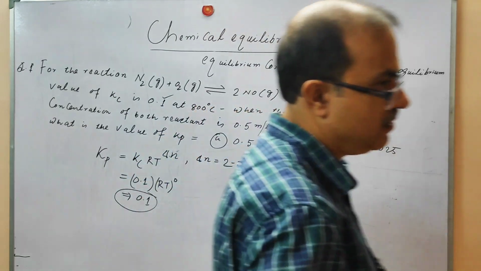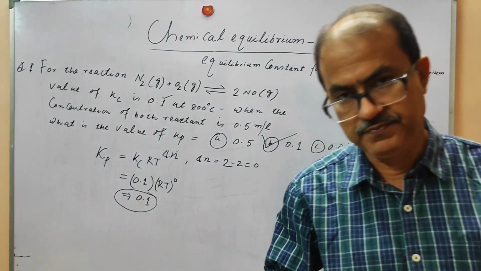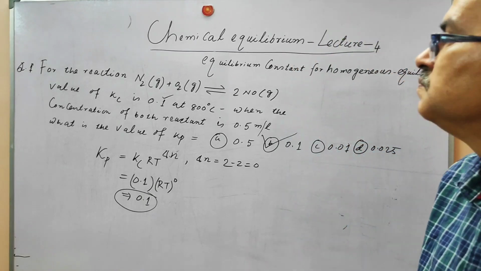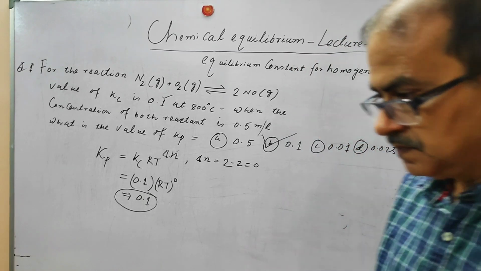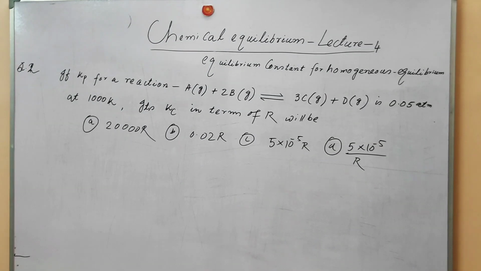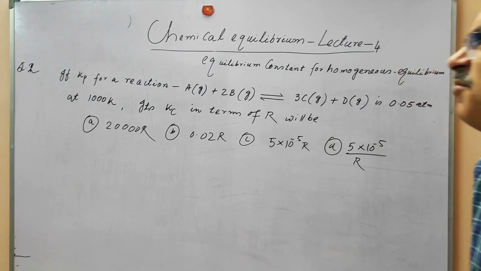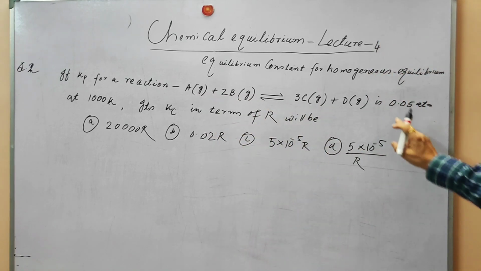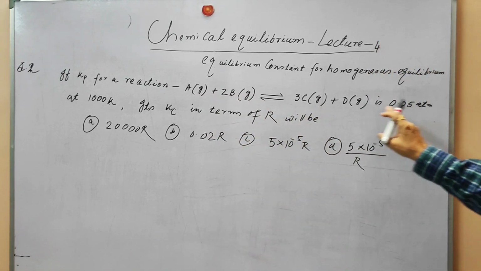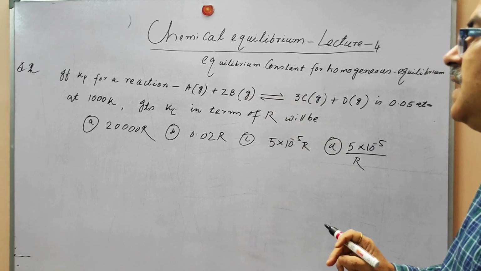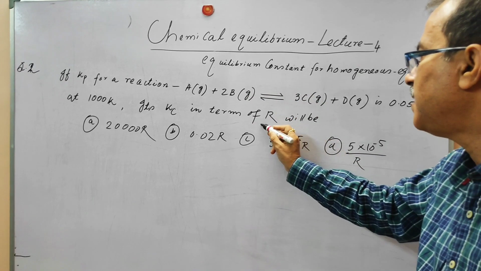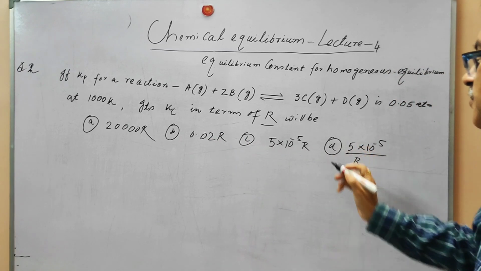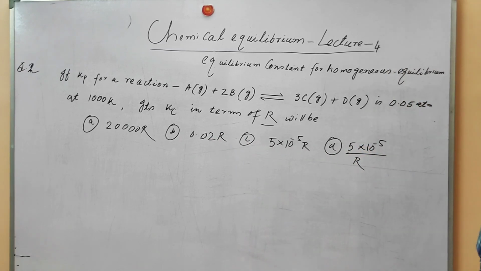So this relationship is very important. A lot of numericals will come and you have to apply this. Second question: if Kp for this reaction is 0.05 atmosphere at 1000 Kelvin, then Kc in terms of R will be which of the options given here.